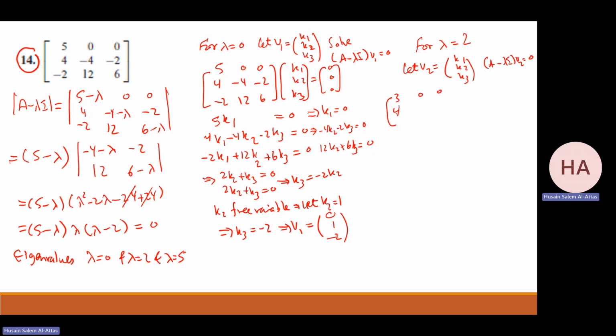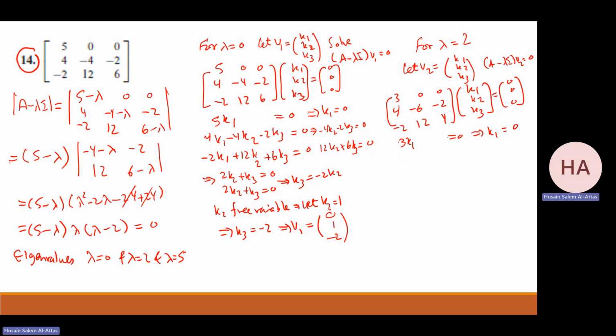I have 4, be careful now. Minus 4 minus 2, that will be minus 6, minus 2. Minus 2, 12, 6 minus 2, that is 4, times k1, k2, k3 equals 0, 0, 0. I think I have the same thing. So I'm getting 3k1 equals 0, which means k1 equals 0.